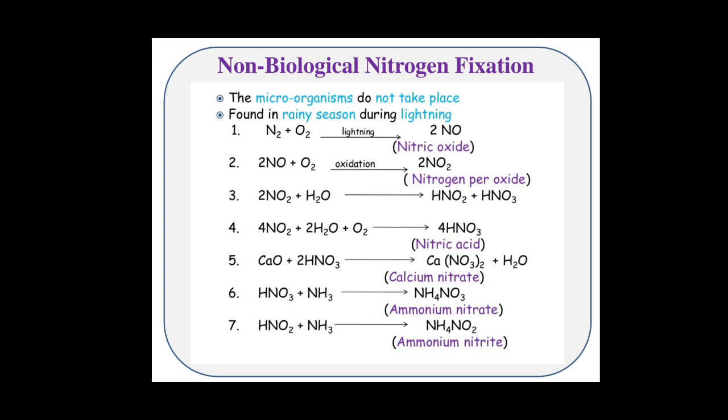And this nitric oxide also reacts with oxygen to form nitrogen dioxide, nitrogen peroxide, and this may further react to form nitric acid, and further we get ammonium nitrite in the last step.